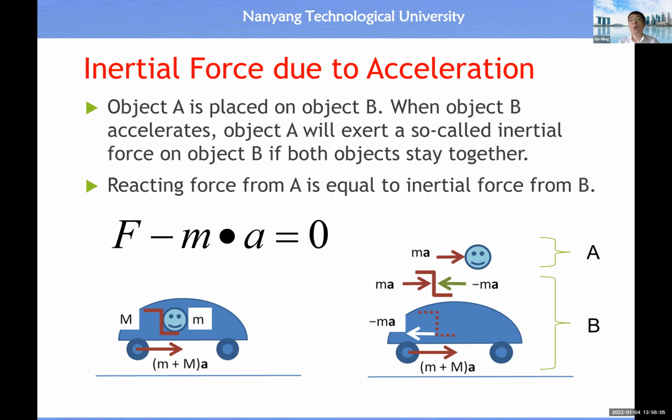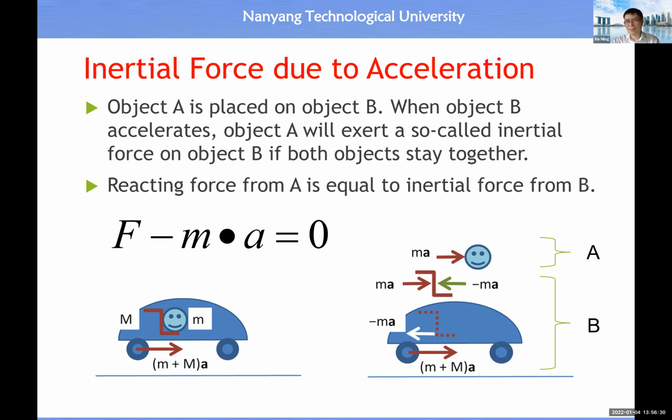So for linear acceleration, we use inertial force. For angular motion, we use centrifugal force. That's it. And some designs may use Coriolis force, because when there's a rotation plus translation, there is a Coriolis force. But usually the Coriolis force is quite small.